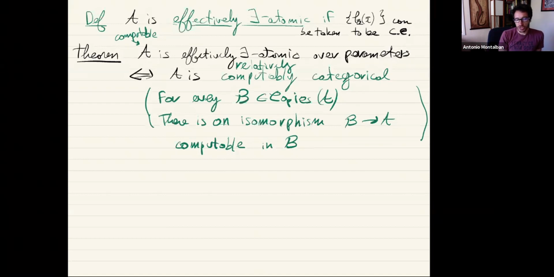Okay, so this is pretty strong from a computability viewpoint because it tells you that, for instance, if we restrict ourselves to computable copies of a structure, one thing that could happen, and it happens a lot in computable structure theory, is that different computable copies don't have the same computability properties.